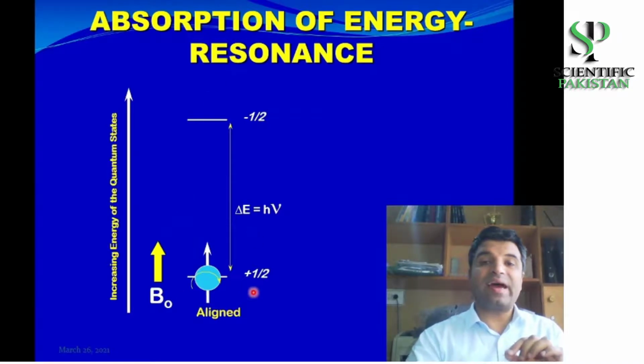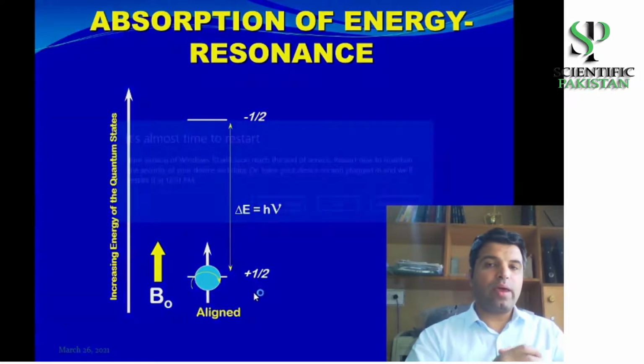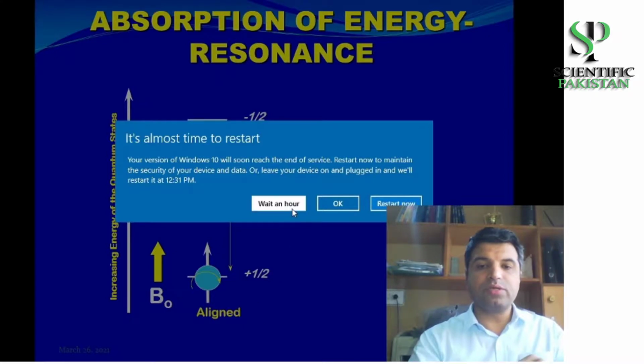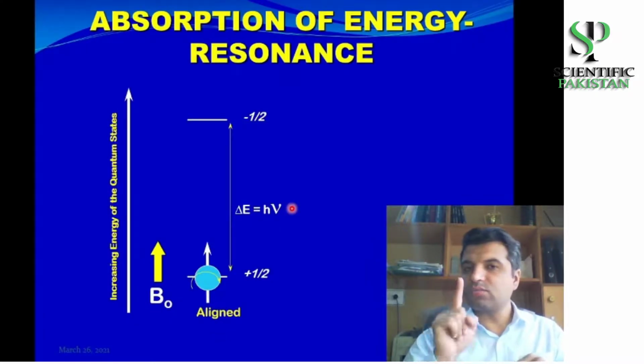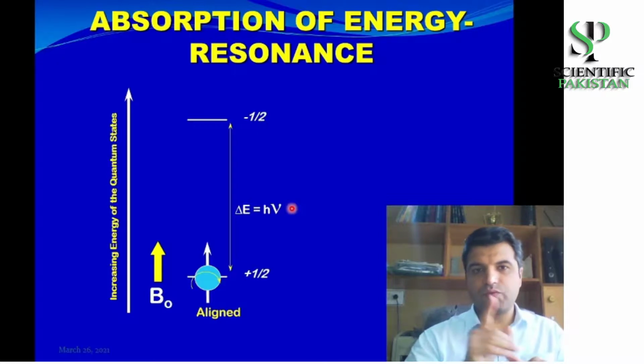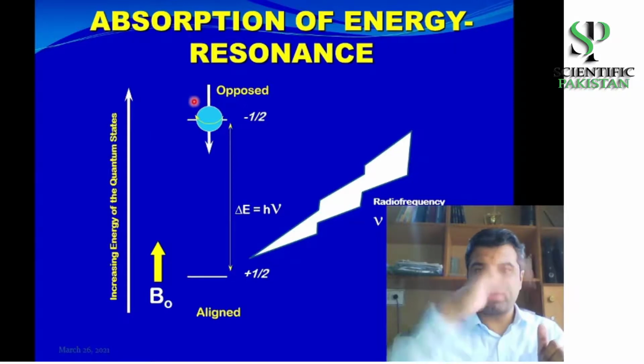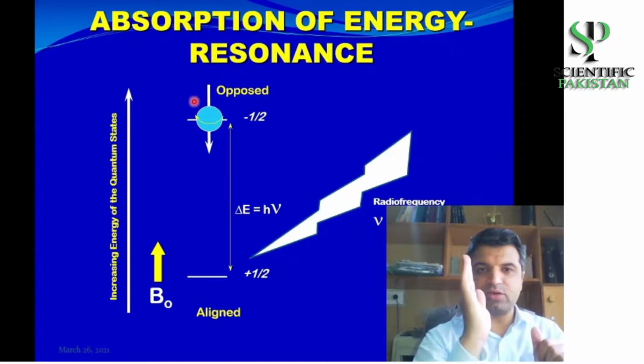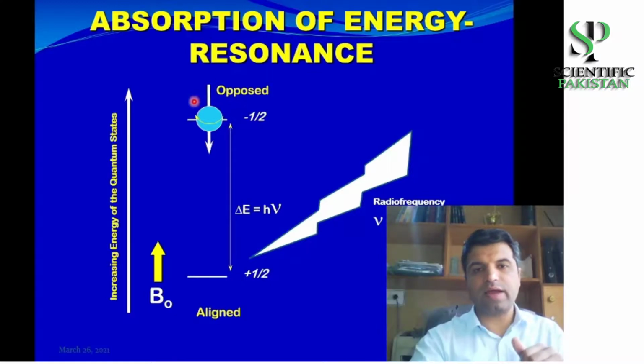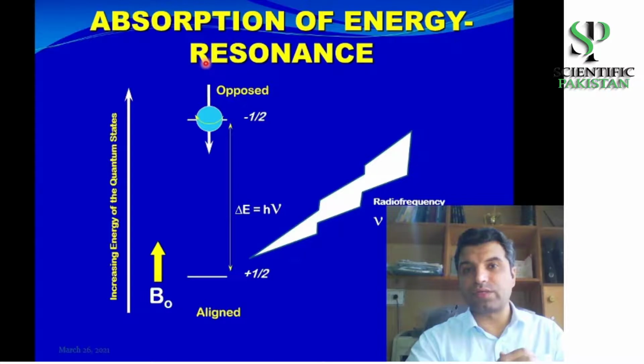Those nuclei that are aligned along the direction of B0, that is in alpha state, when they are provided with a burst of energy in the form of radio frequency, will jump from alpha to beta state. In other words, they will flip. They were first pointing up in the direction of B0, now they flip and are aligned against, or opposed to, the direction of B0. And this process is known as resonance.